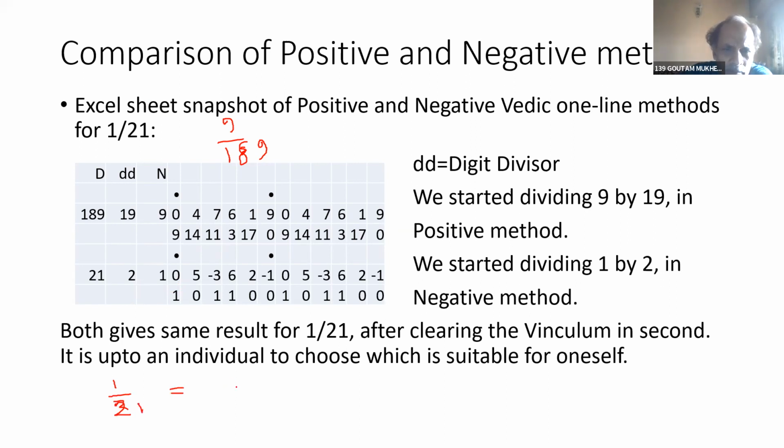Start with 0.0, 0.1, then 5, 0, 3, vinculum 1, 6, 1, 2, 0, and 1, vinculum 0, and after that it will repeat.